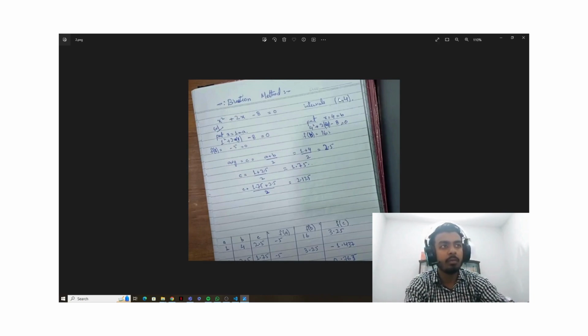Then we put in the values that we have. a is equal to 1, b is equal to 4, c is equal to 2.5, which we get by taking the midpoint of a and b. Then f of a is minus 5, f of b is 16, and f of c is 3.25.